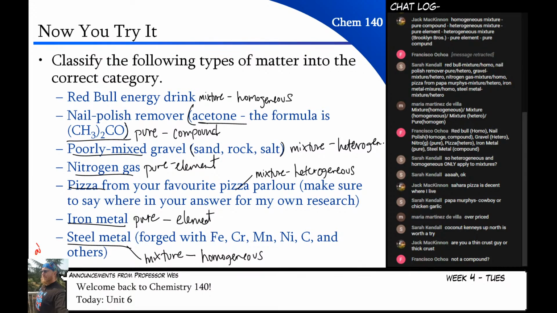Now, this specifically is called an alloy. An alloy is any combination of metals that you obtain by forging. And all alloys are homogeneous mixtures.